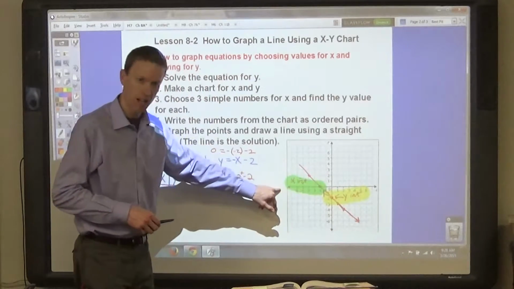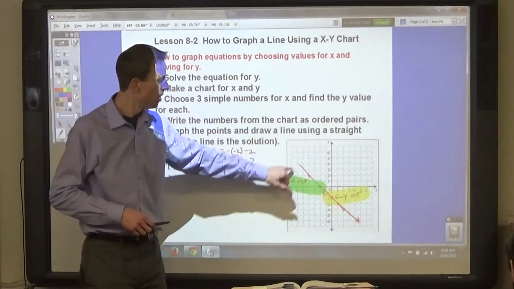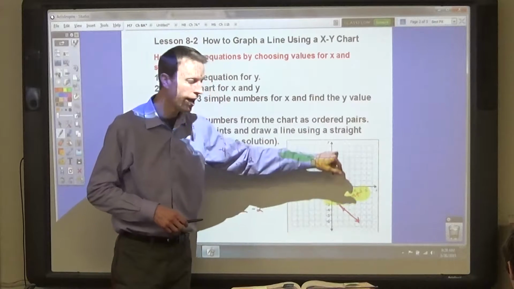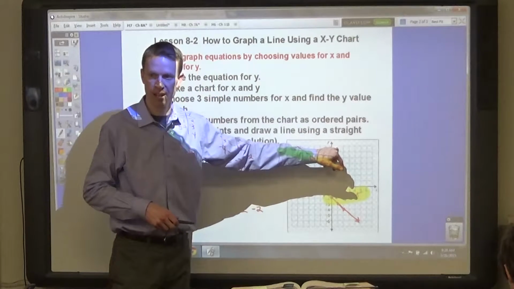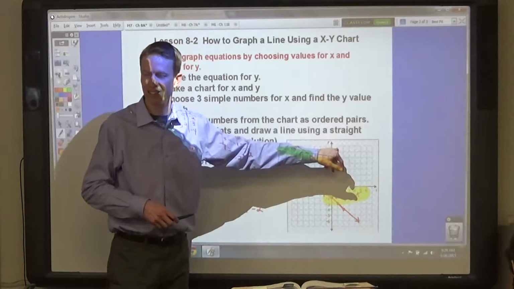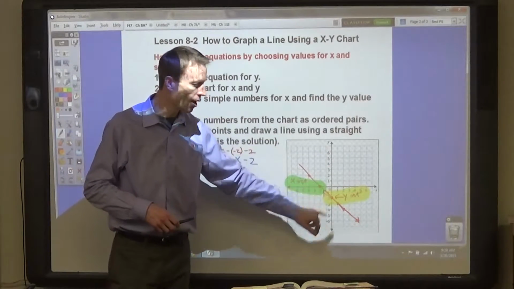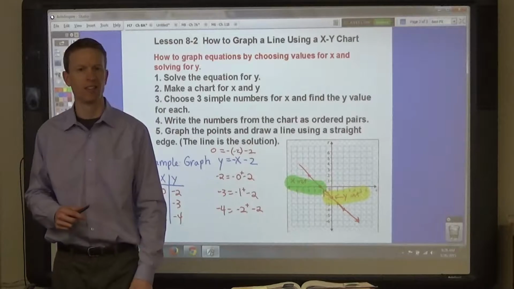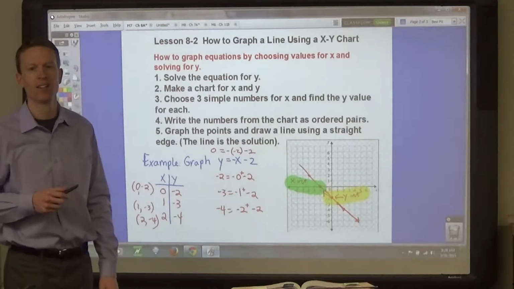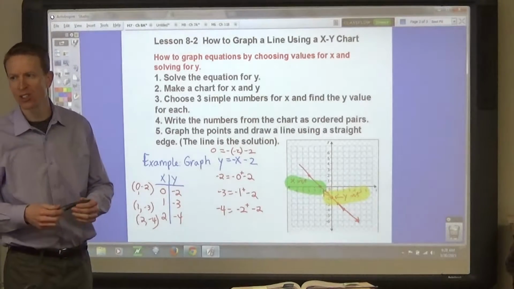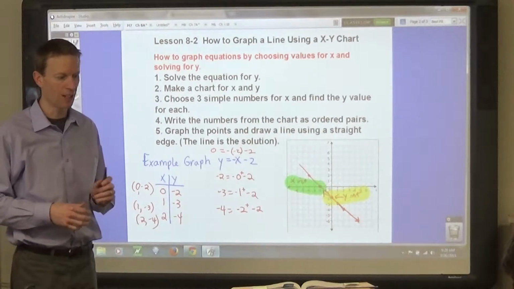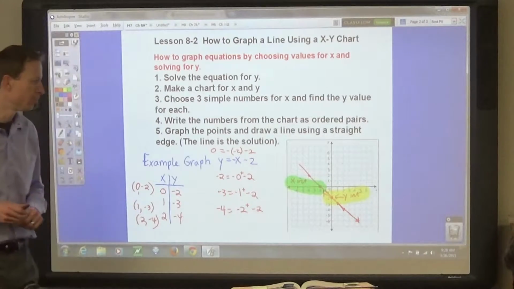This is the x line, the x-axis, and this is the y line, the y-axis. Right? You with me yet? Okay. What would it be called where the line crosses the y-axis? Kira? The y-intercept. Yep, the y-intercept. We're going to talk more about that later on.